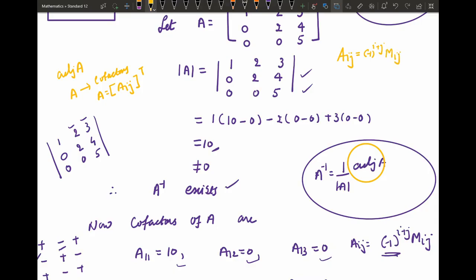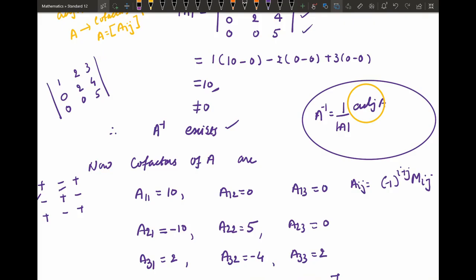For the minor you give sign, so let us evaluate A11, A12, A13.